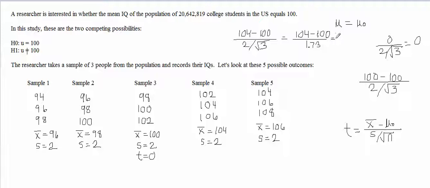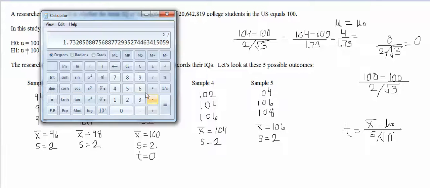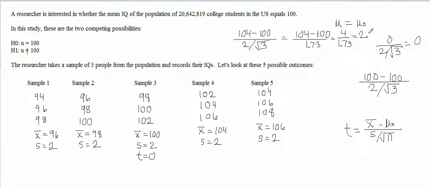We subtract on top, it becomes 4 over 1.73. And what do we get when we divide 4 by 1.73? 2.31. That's what this t-score equals.